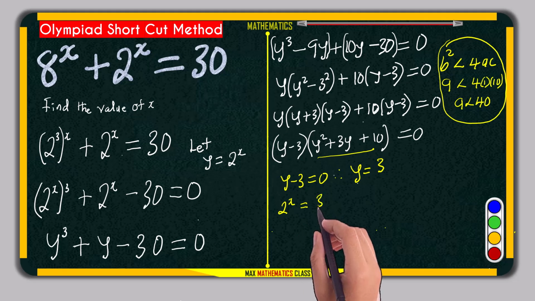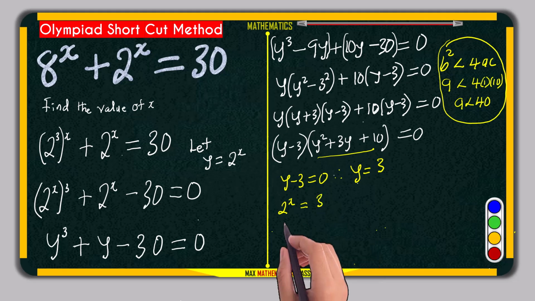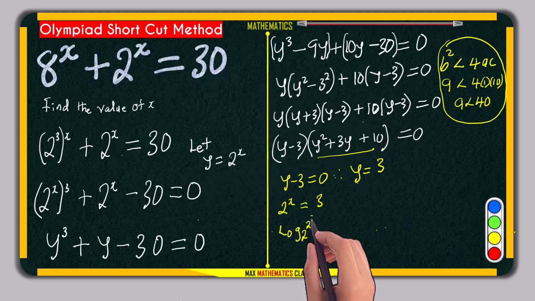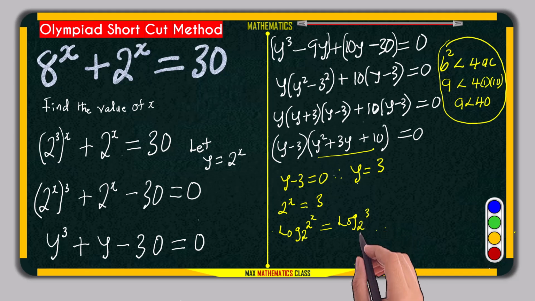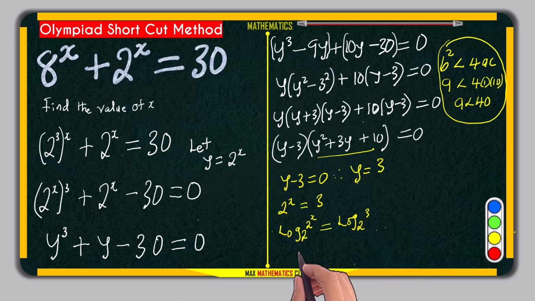If you take the logarithm of both sides, we are going to use log to base 2. Log of 2 raised to the power of x to base 2 will be equal to log 3 to base 2. According to one of the laws of the logarithm, this x has to come forward.